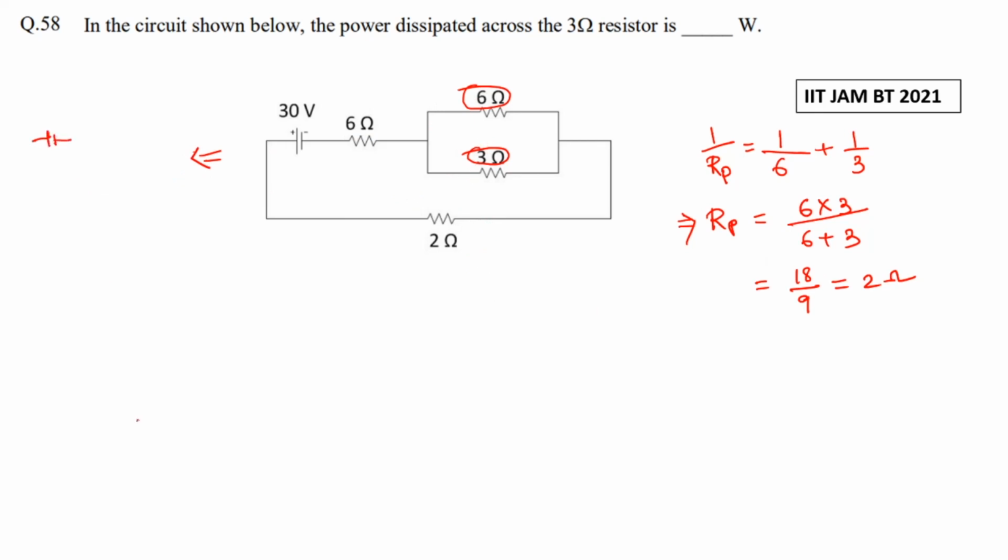First of all, the 30 volt battery, then the 6 ohm resistor, and that is connected to the equivalent resistor of this parallel circuit, that is 2 ohm. We have calculated it as 2 ohm.